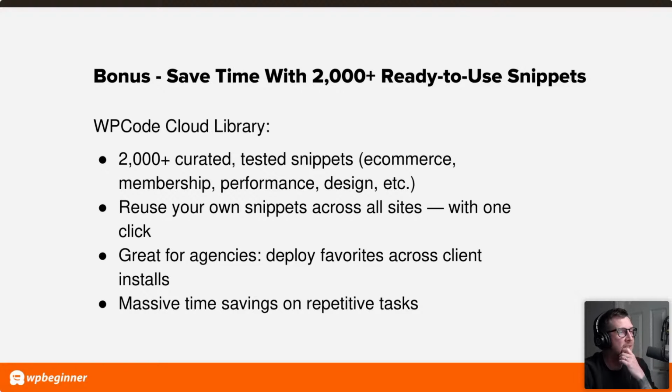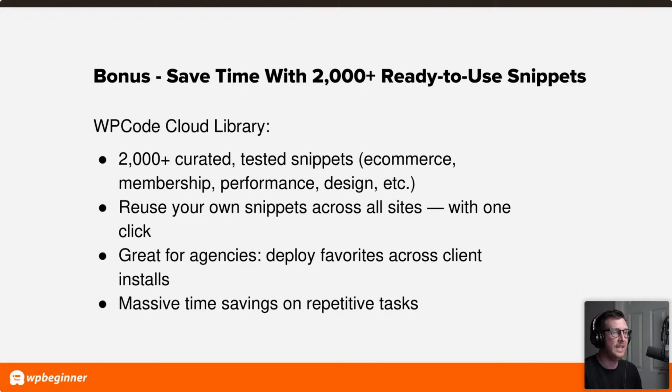And then basically with this cloud library, you can reuse your own snippets across all sites as well. So you can save snippets, you can add them to the library, and then if you've got multiple sites, you can use them on other sites as well. If you've got tried and tested snippets that you use all the time, it's great for agencies because you can deploy your favorite snippets across client installs.